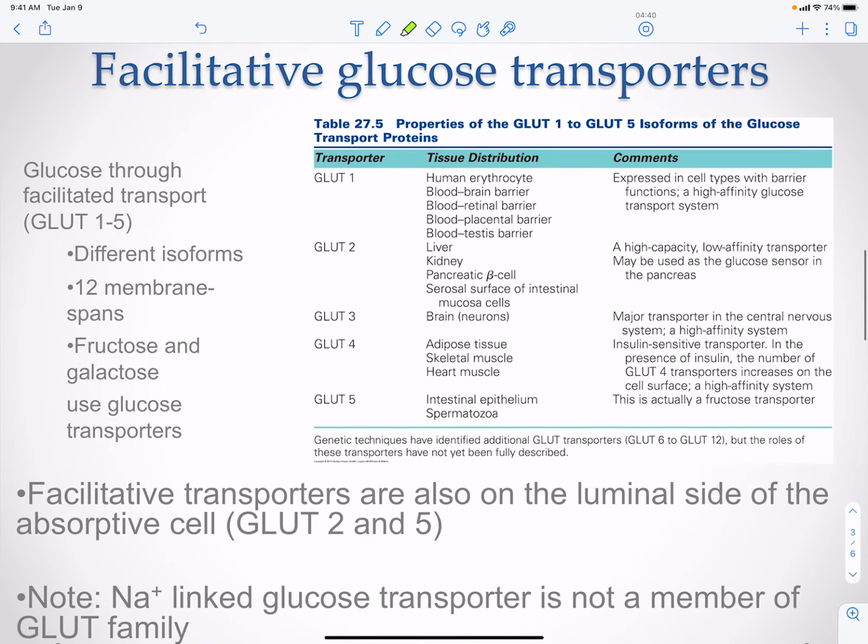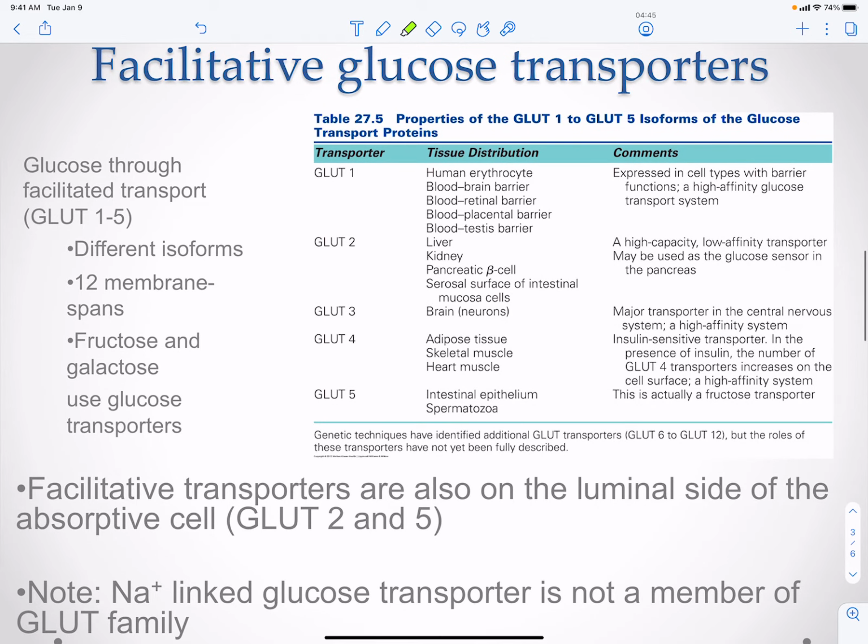Now our facilitated glucose transporters we've talked about before. There are GLUT1 through GLUT5. One of the big differences is your GLUT4, as we've mentioned before, is going to be insulin dependent. And so GLUT4 is going to be important on your adipose tissue and your muscle tissues.